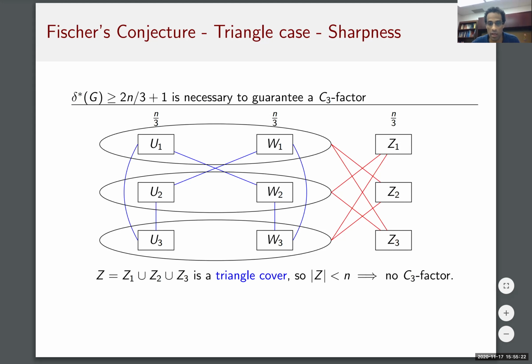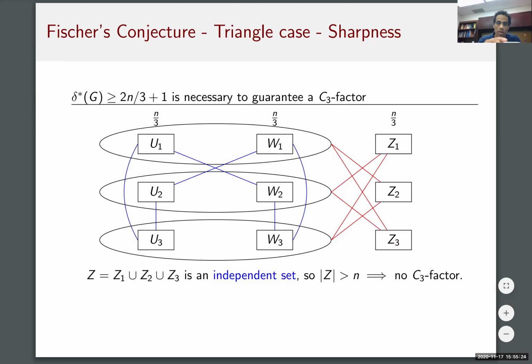Another way to do it, somewhat similar, is to notice that Z1, Z2, and Z3 is actually an independent set. There are no edges here. And if I increase the size of Z so that I have an independent set larger than n, maybe by increasing Z3 by one vertex and decreasing W3 by one vertex, I now don't have a C3 factor.